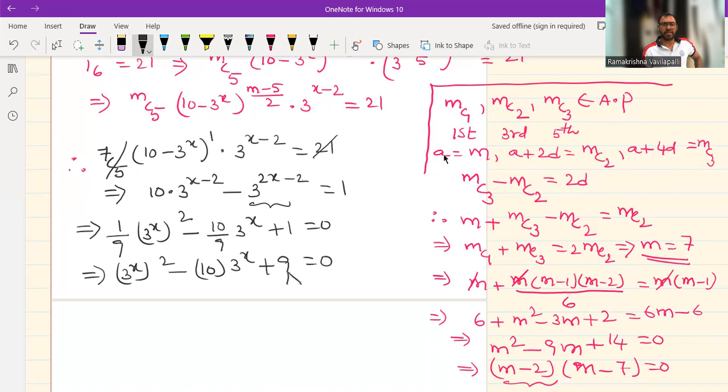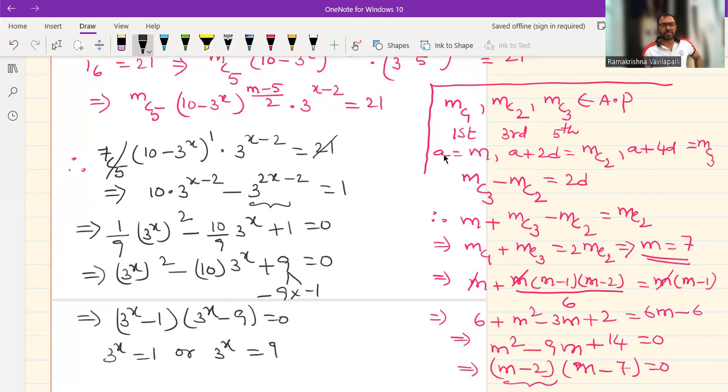This can be written as 9 into 1, of course, minus 9 into minus 1. Again factorization, it becomes (3 power x minus 1)(3 power x minus 9) equal to 0. So 3 power x equal to 1 or 3 power x equal to 9. This implies the possible values of x are 0 or 2.